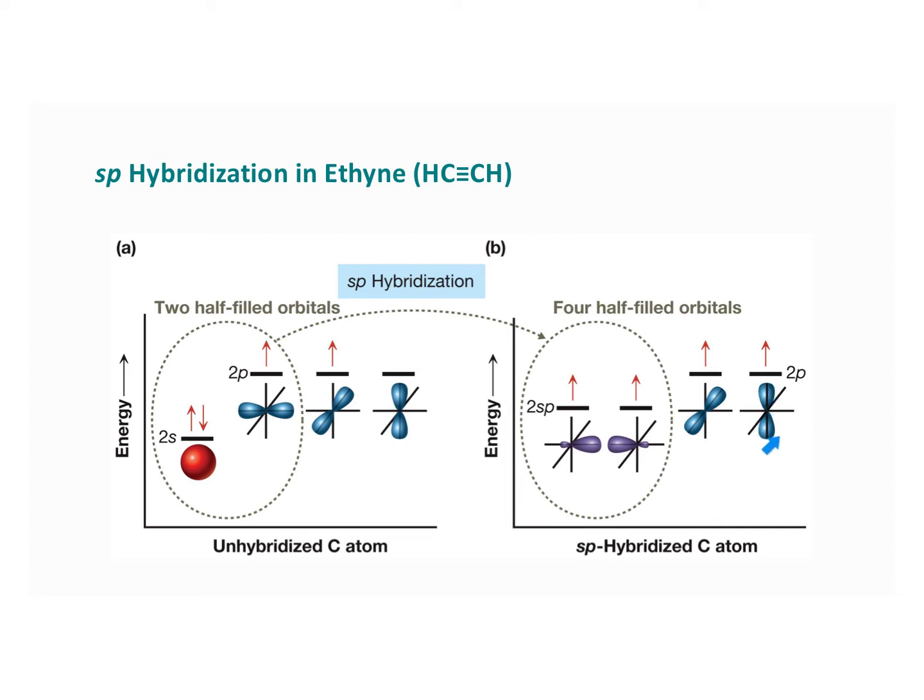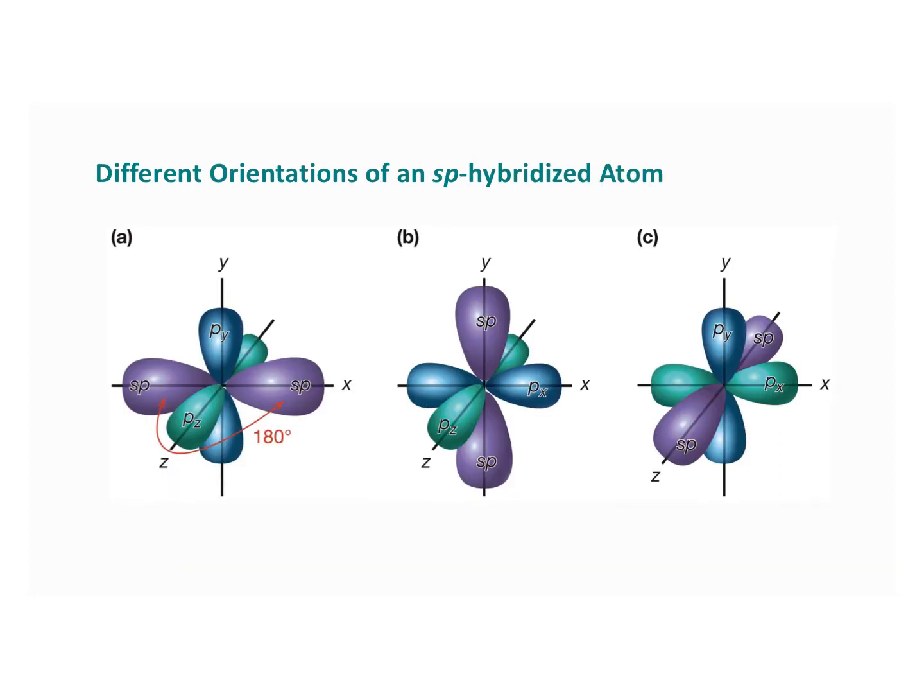One is aligned on the x-axis, and the other is aligned on the z-axis, so they're perpendicular to each other, and also perpendicular to the sp axis. And so you can have different orientations: where the sp is along the x, where the sp is along the y, and where the sp is along the z.